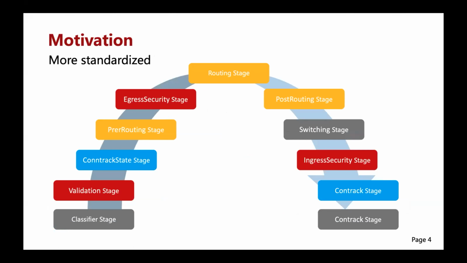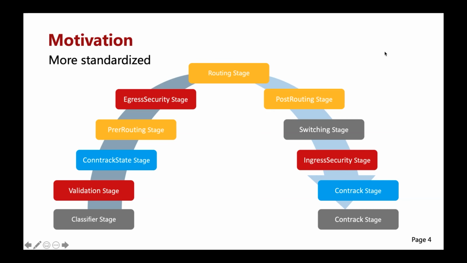And next, we want the pipeline to be more standardized. For the flexible pipeline, all tables are divided into 11 stages according to their functions. The red ones are related to security, like safeguard, network policy.